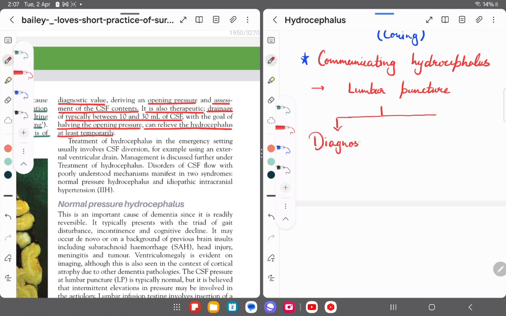In the diagnostic part we can assess the opening pressure, and number two, we can assess the CSF content.